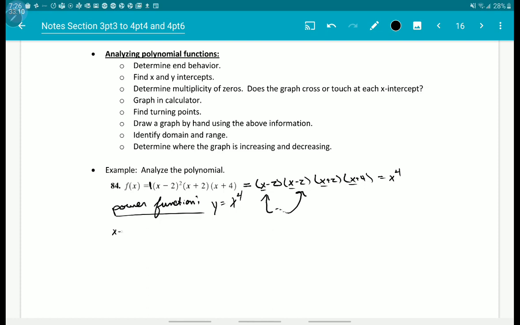Now let's find the x and the y-intercepts. To find an x-intercept, we're going to set this equation equal to 0. So if I set this equal to 0, then I need to set each factor equal to 0. So I'm going to get 2, I'm going to get negative 2, and I'm going to get negative 4.